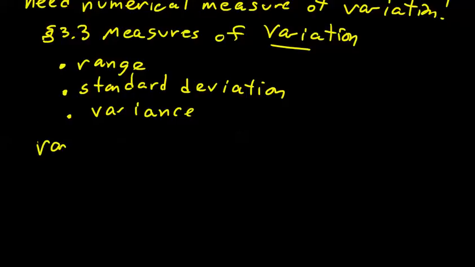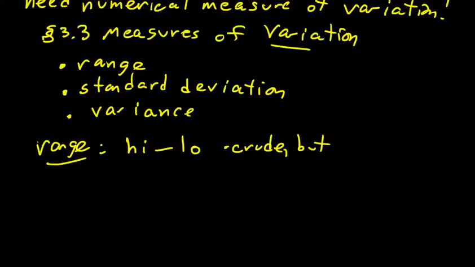All right, let's talk about range first. Range is very simple. As you might have expected, it's just your high value, take away your low value. I won't even bother with an example of this because it's so simple. Let me make a note. It is a crude but quick measure of spread.